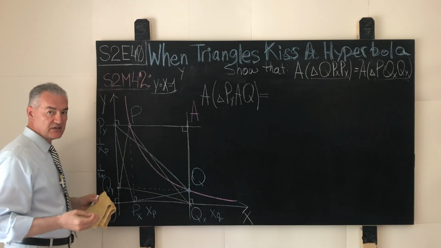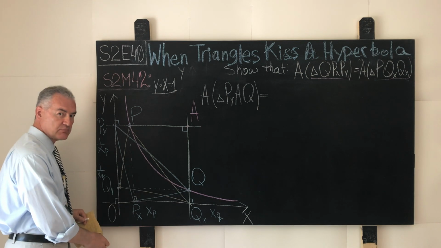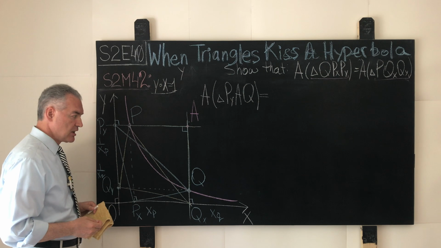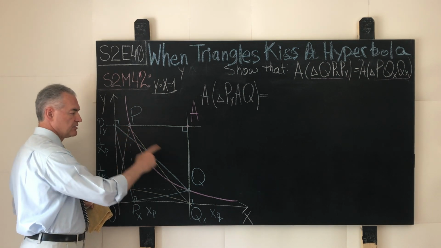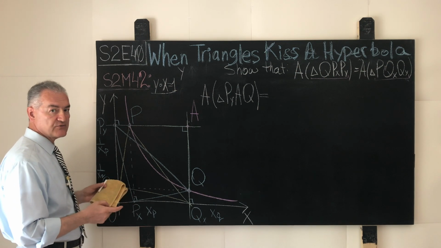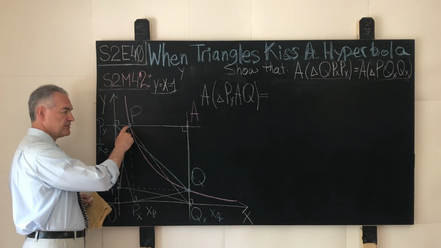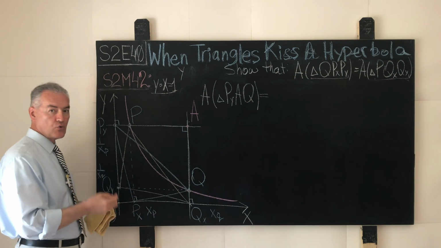Now, these points evidently can sit both on the positive branch or both on the negative branch, and in each of these scenarios, the points P and Q can be located with respect to each other in different configurations. For example, the point P can be located above the point Q with respect to the x-axis or below.